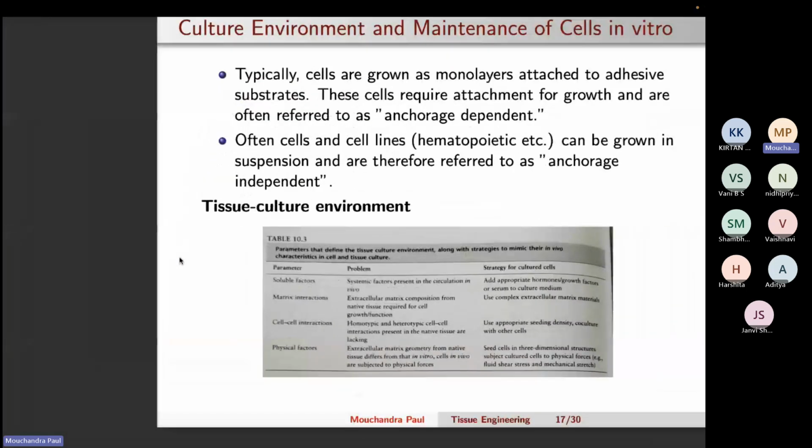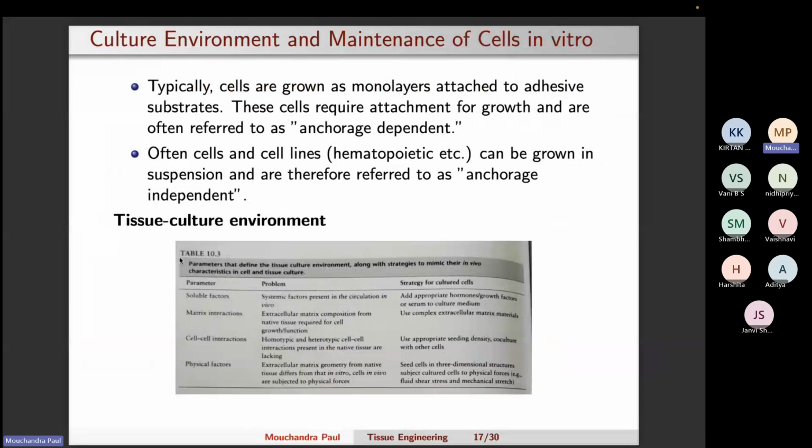And extra care is taken that we mimic the in vivo condition, because the cells that you have taken were initially present in a body. So from an in vivo condition, you are culturing these cells in vitro, outside the body. In order to get stable functionality in your cells, you need to give them similar conditions to those in the body.